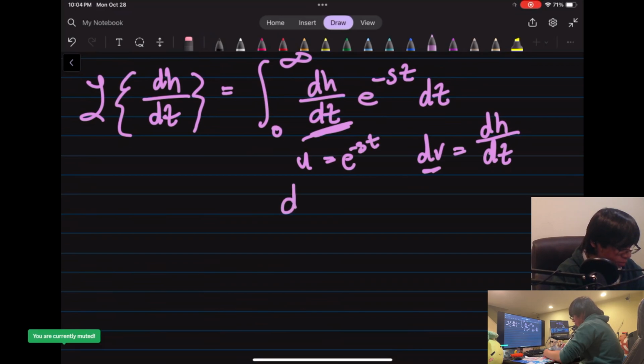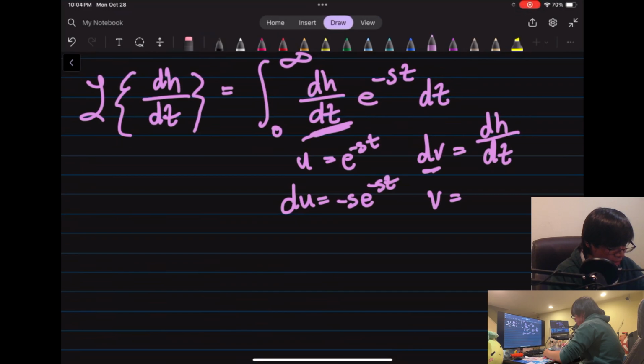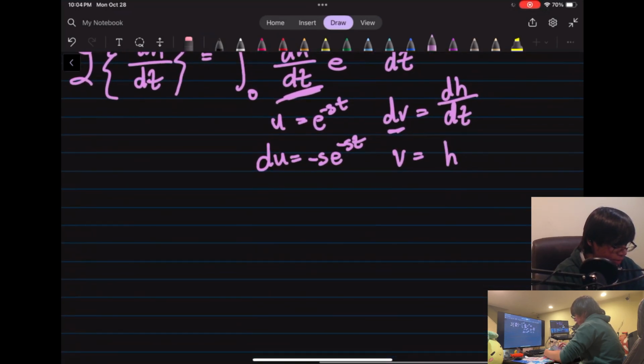So we take the derivative of u, so we bring the s down, that's negative s e to negative st. And then the integral of dv to get v, well, that's just h, our function. And of course, integration by parts kind of follows the product rule, where we have uv prime is equal to u prime.